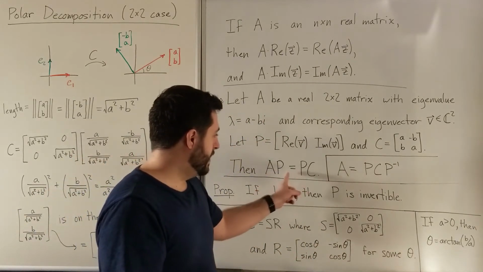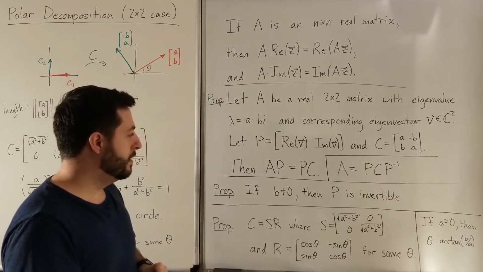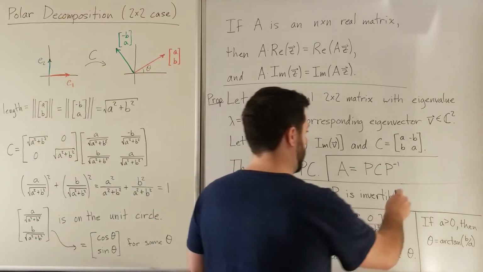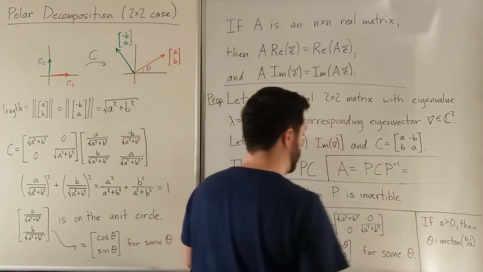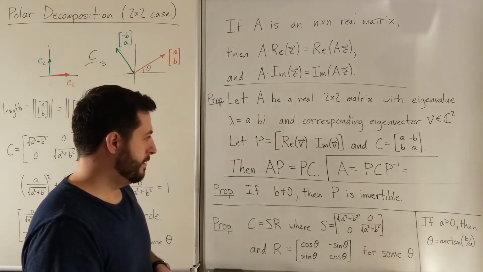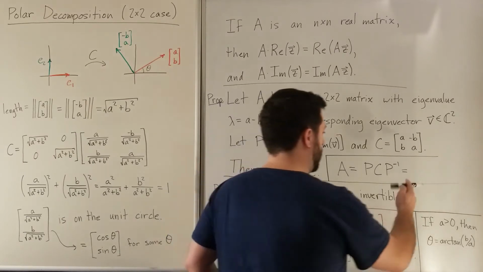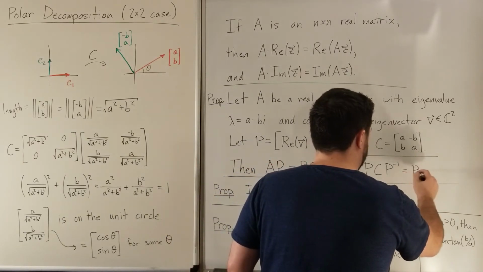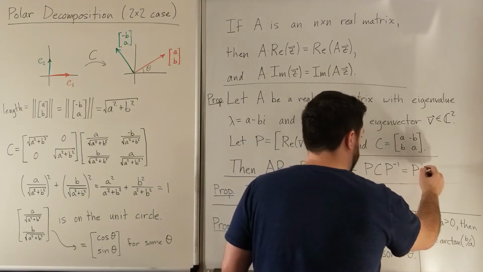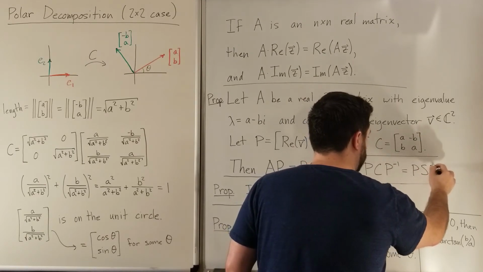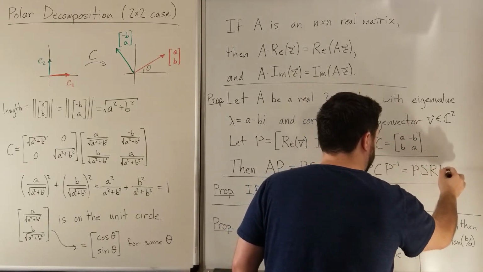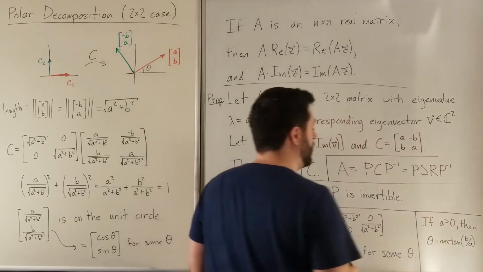I'm just taking this equation and multiplying by P inverse on the right, on both sides. And once we know that C is equal to S times R, then A will be P times S times R times P inverse.